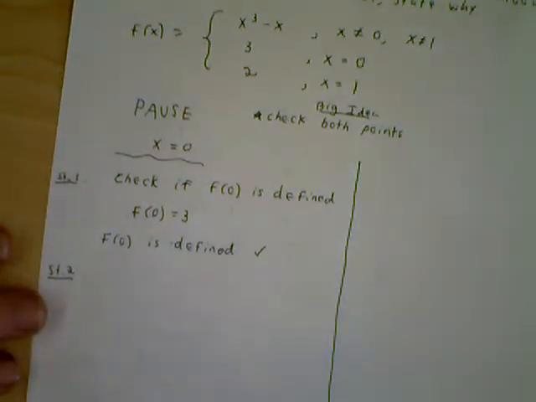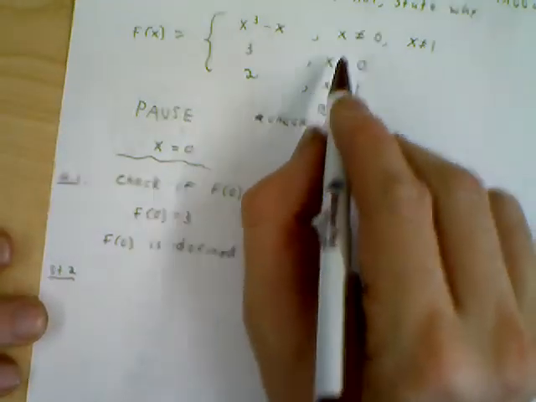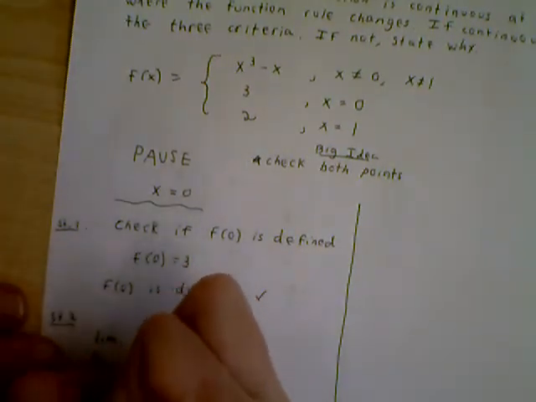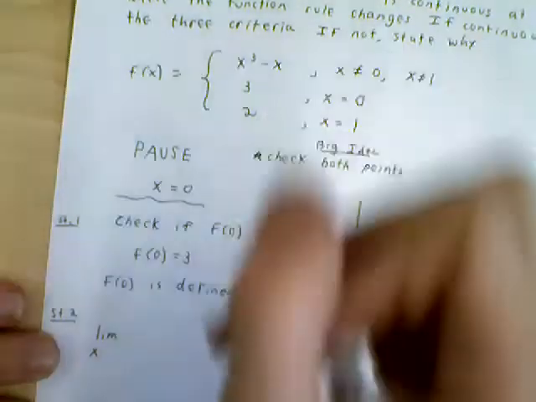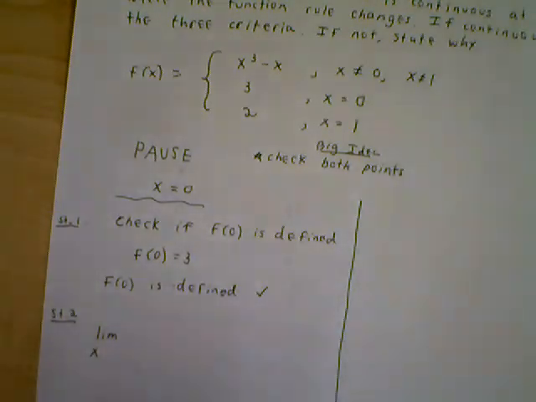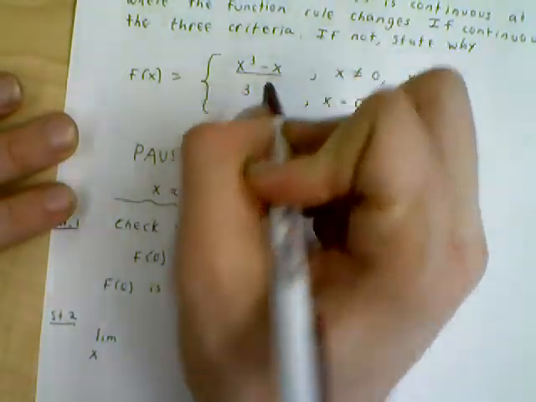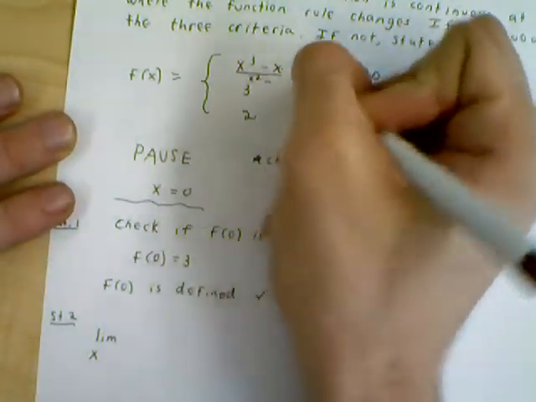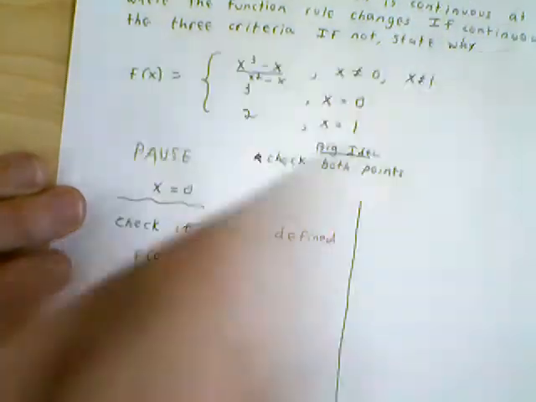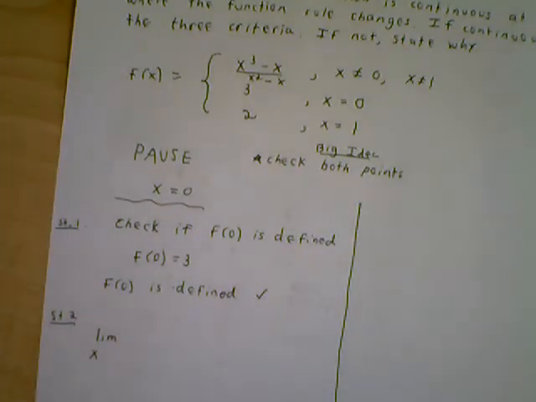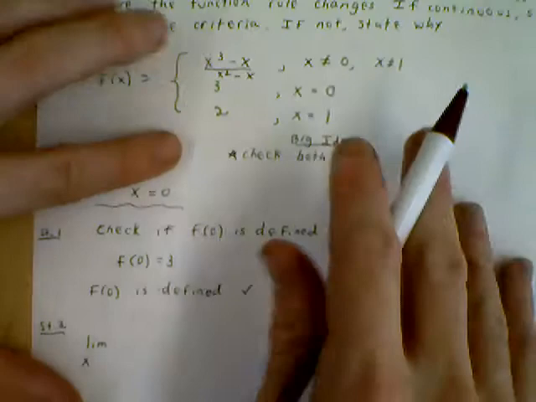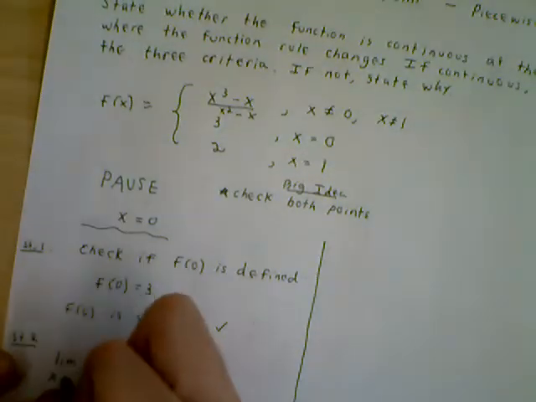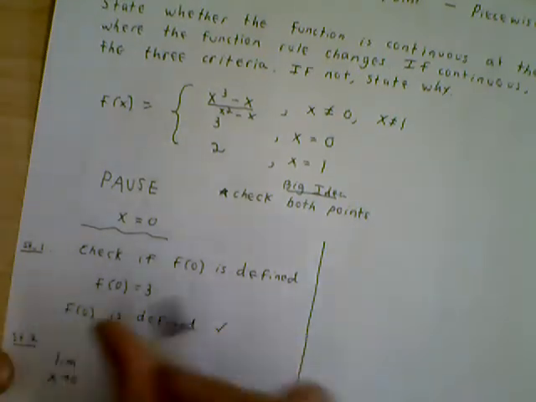I need to check the limit as I approach 0, and let's see what happens. Well, the limit as x approaches 0, I actually wrote this rule wrong. We have to go all the way back up here, and we should have x squared minus x in the denominator. I didn't write that right. All right, so this is our actual rule. Now we have to check the limit as x approaches 0.